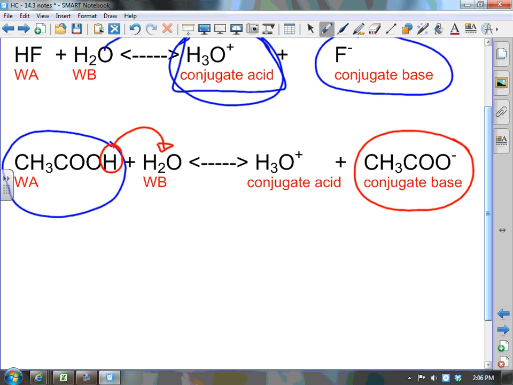The leftover structure of water is H3O plus, and that is a conjugate acid. The only way you can do this is if you see the reactions, and that's our point here: given a reaction, we should be able to identify what's going to happen and what we're going to be left with.